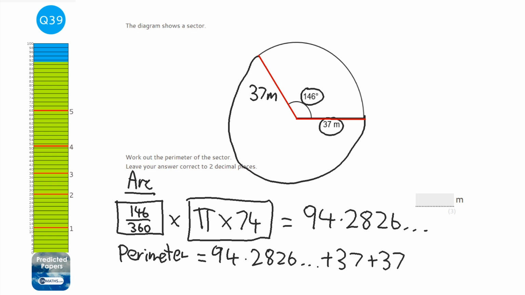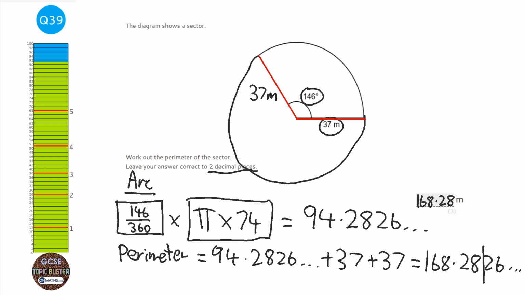So add 37, add 37, and that gives me 168.2826 and so on.